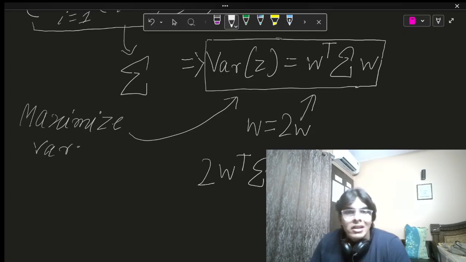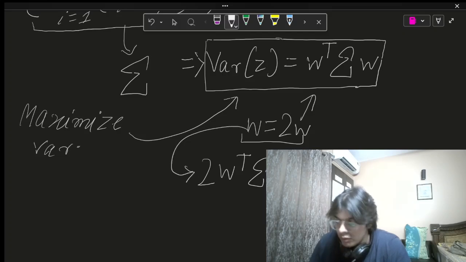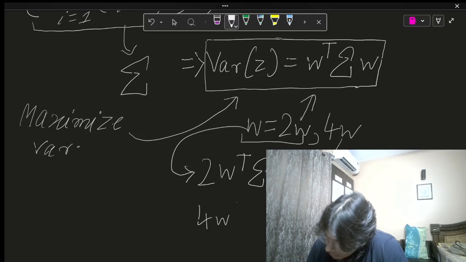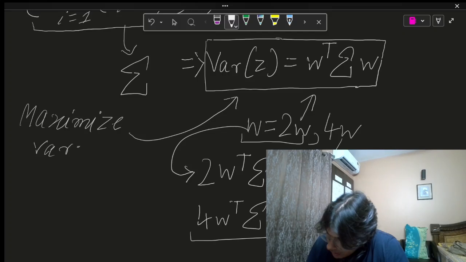So has the variance increased? Yes, it has. It has become double what it was before. So why not take 4w? When we take 4w and input it into the formula, we get something like this. Is this value greater than the original one? Yes, it is greater than the original one. It is even greater than the value that we just got.